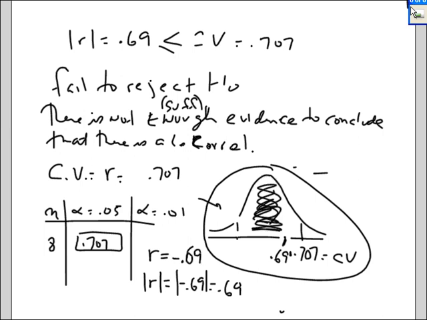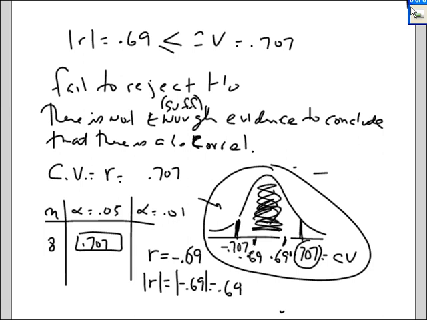Or if you really don't like that, you can put over here negative 0.707. I got it from here. And negative 0.69 is in between.